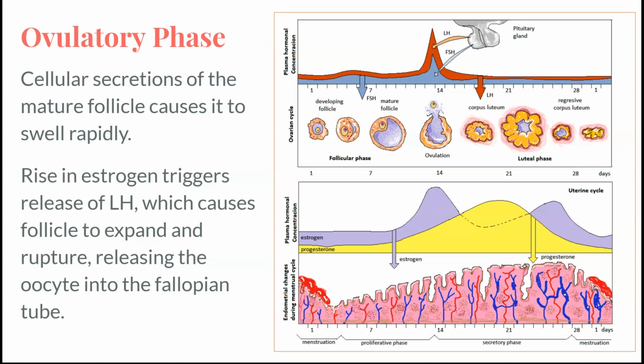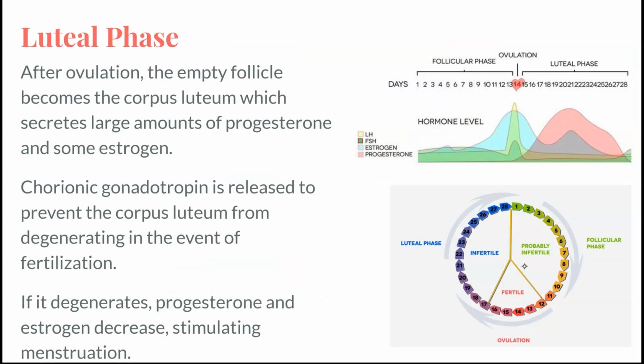Okay, see how the progesterone starts to swing up right around the time when the egg is released. If the egg is released and then fertilized and adheres, this progesterone level stays up. Okay, that's what increases the fertility. We're not going to go through that.